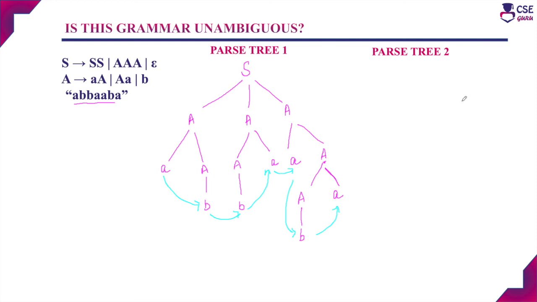And we will try to construct one more parse tree and check whether the grammar is ambiguous. The parse tree starts with the start symbol S. And now we will apply the production rule S derives SS. And for this non-terminal S, we will apply the production rule S derives AA.